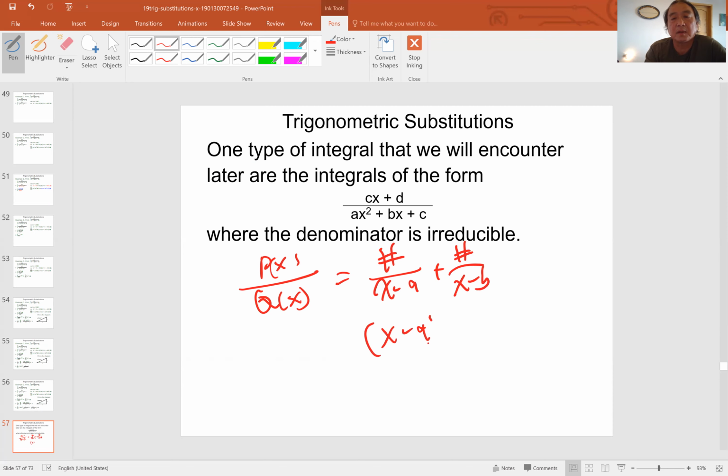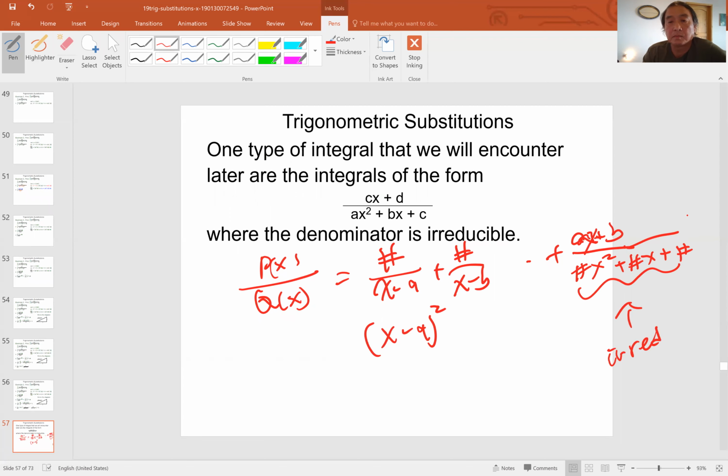Then it comes to irreducible parts: ax plus b over a second-degree irreducible x squared something.